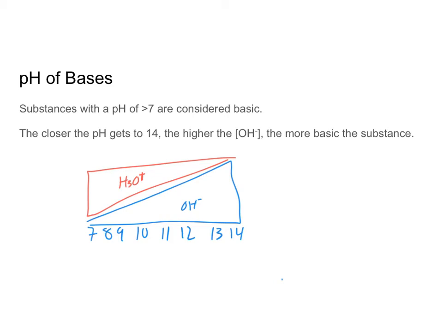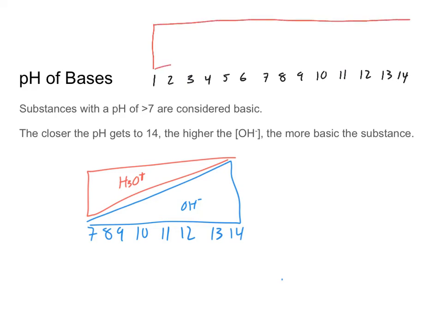What I'm getting at here is that as a substance is becoming more and more basic, or you're comparing substances that are more and more basic, the ratio of H3O plus to OH minus is largely in OH minus's favor. So if I were to continue and actually complete the diagram, it would look something like this.